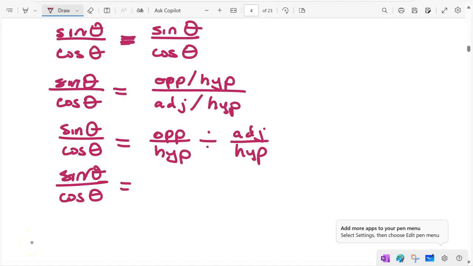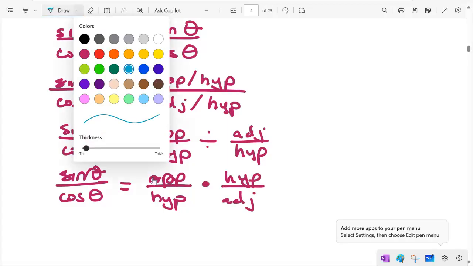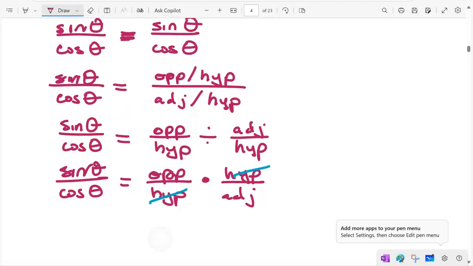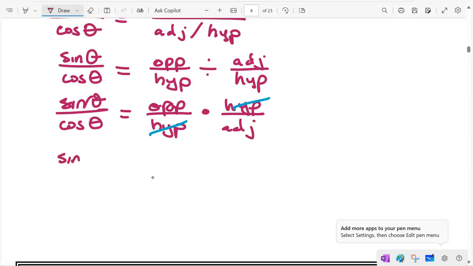So sine of theta over cosine of theta is equal to opposite over hypotenuse times the reciprocal, hypotenuse over adjacent. Now we can grab our cancellation pen and cancel those hypotenuses. And now sine of theta divided by cosine of theta is equal to opposite over adjacent.